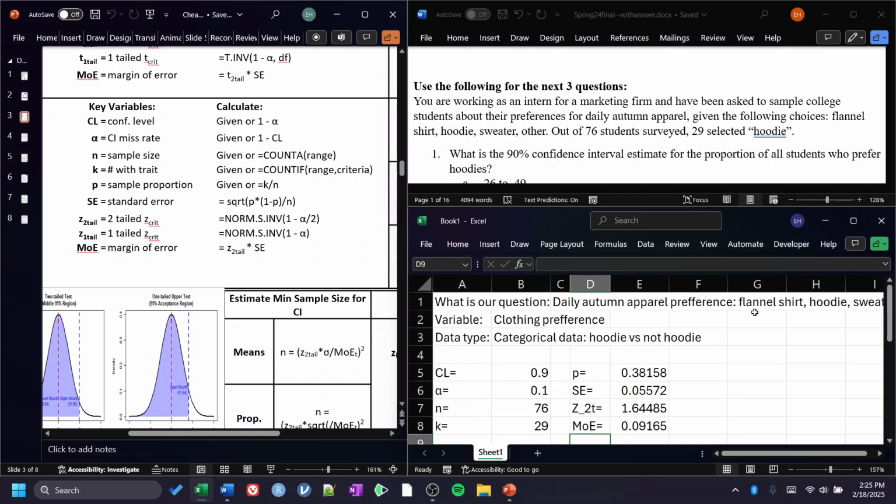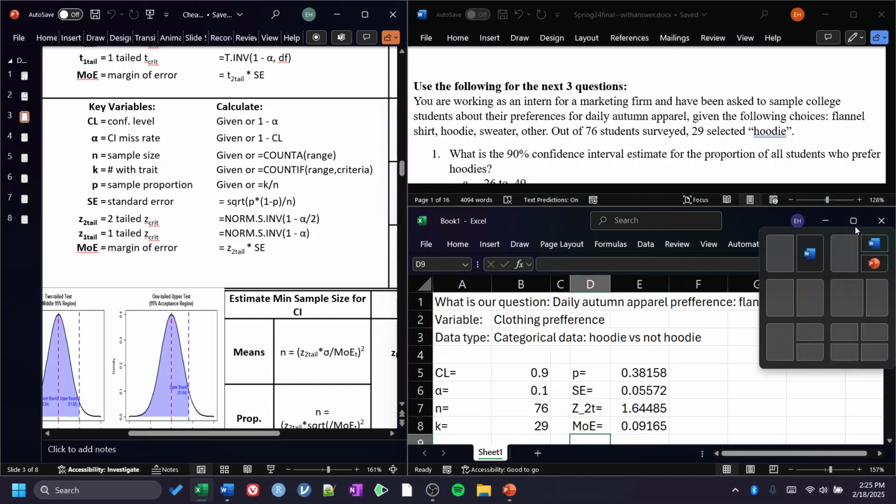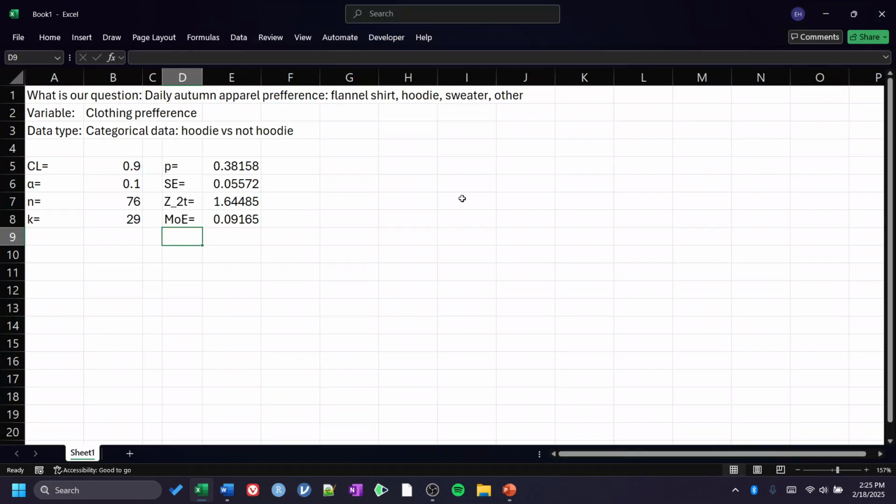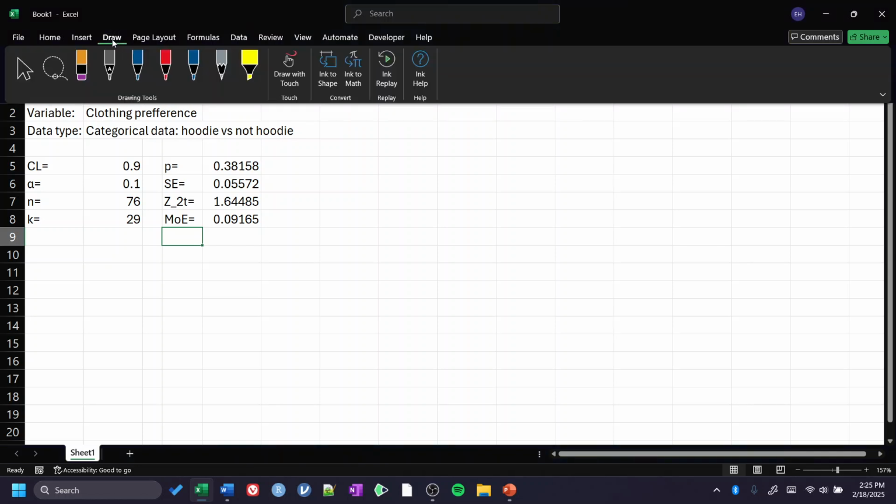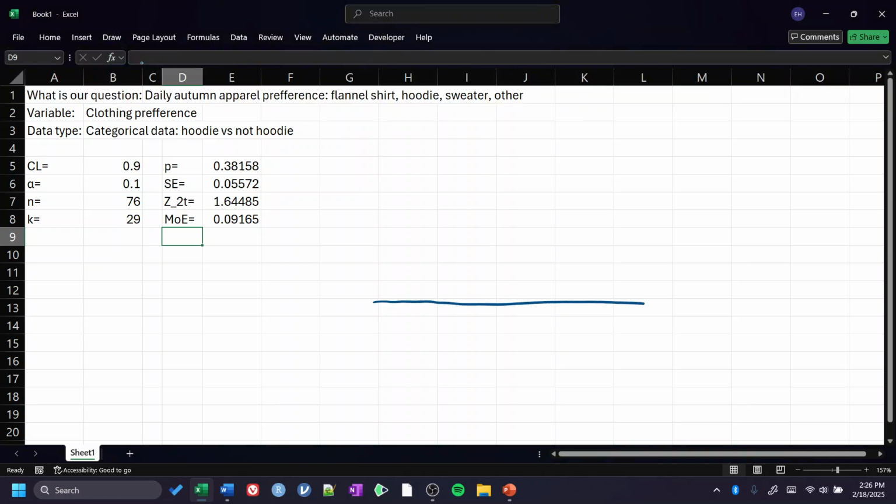Okay, I'm going to pause here for a second, and before I do anything else, I want to draw a picture. So I'm going to grab my handy-dandy pen, and let's start off with blue. I'm going to draw this distribution roughly, because before I give an answer, I want to have a rough idea of where I think the answer is going to be.